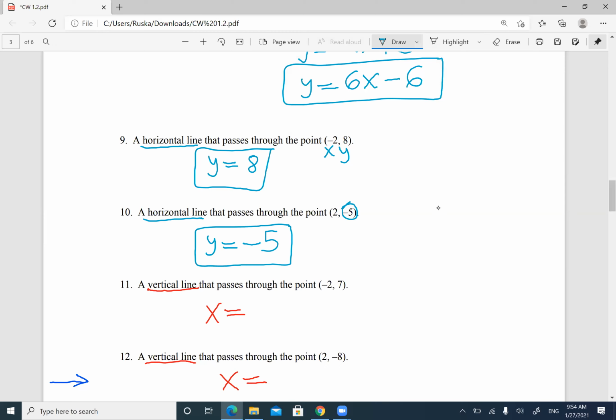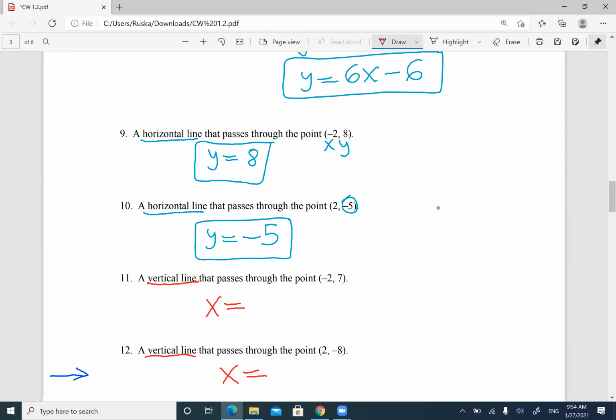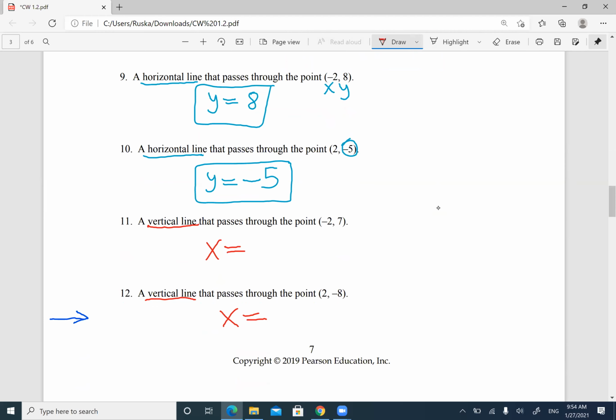And you do the same with the vertical line. So looking at my point, which one is x? -2. Yes, so my equation is x equals -2, that's it. And the second one is going to be x equals 2, right? Because that's my x.